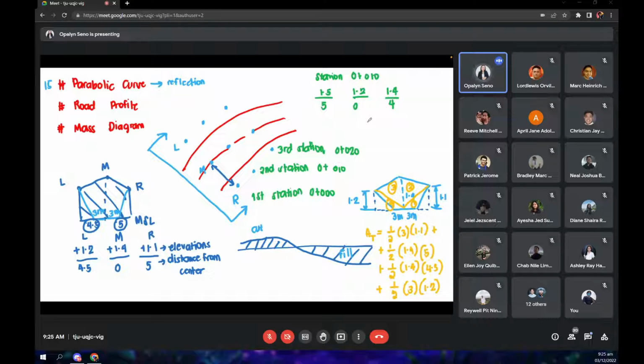So let's say in your plotting, it goes up on this part, then down on this part, and the middle is lower, so it goes down, then up. Okay? So this is your 1.4 here, and then 3, which is the proposed road.